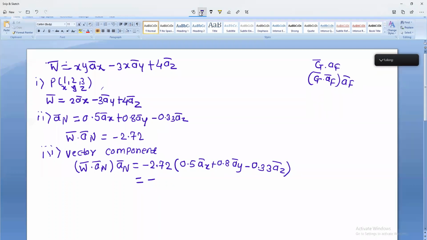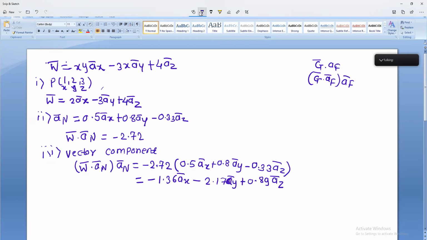Minus 1.36 a bar x, minus 2.17 a bar y and plus 0.89 a bar z. Okay, everyone understood how the vector component is found?